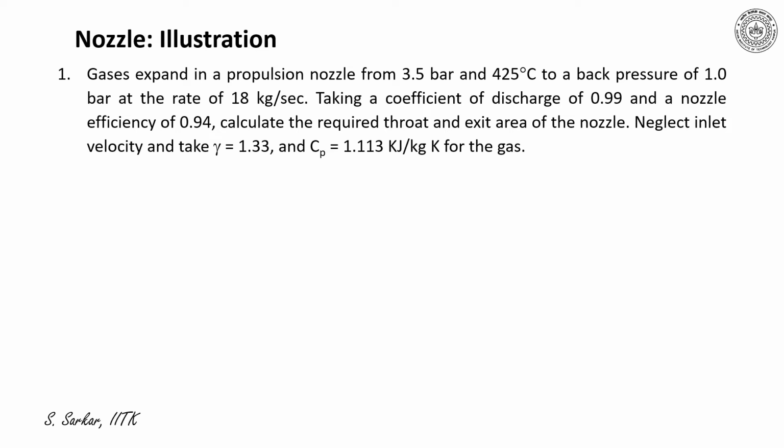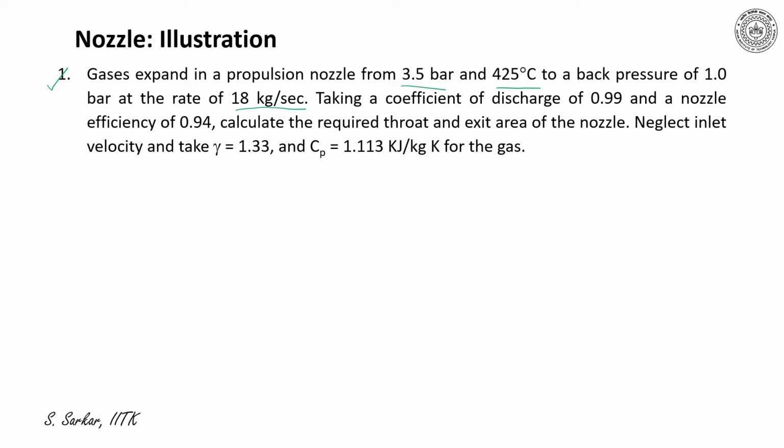The statement of the problem is: the gases expand in a propulsion nozzle from 3.5 bar and 425 degrees Celsius to a back pressure of 1 bar at the rate of 18 kg per second.